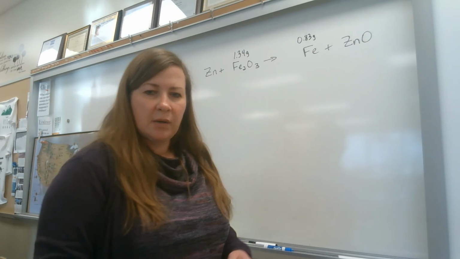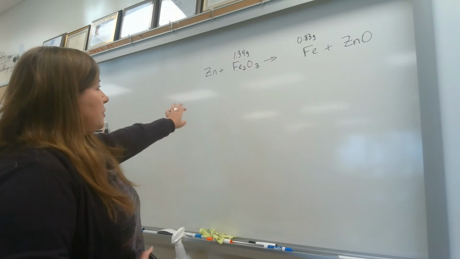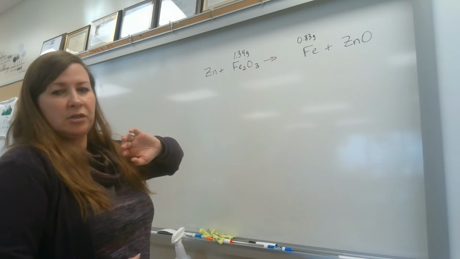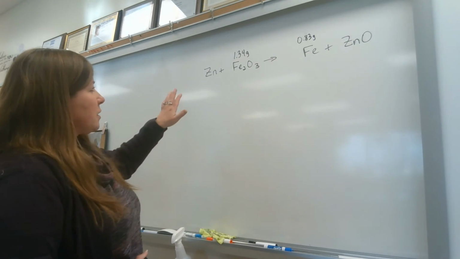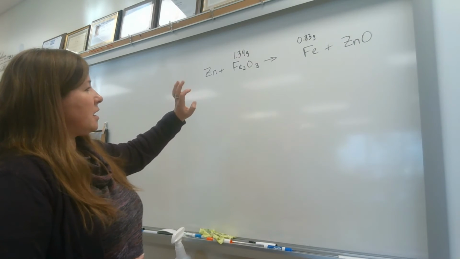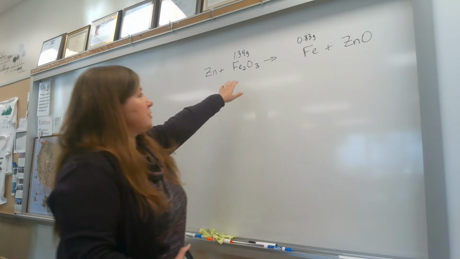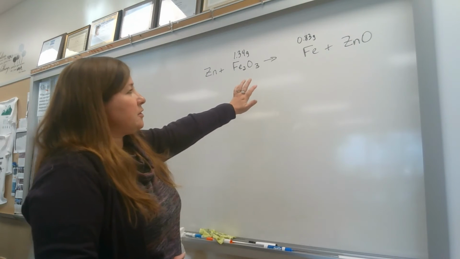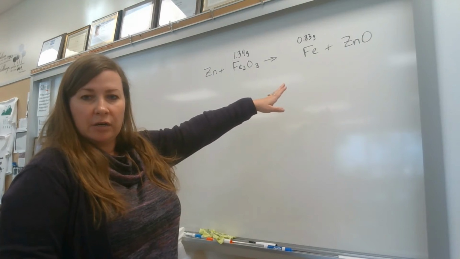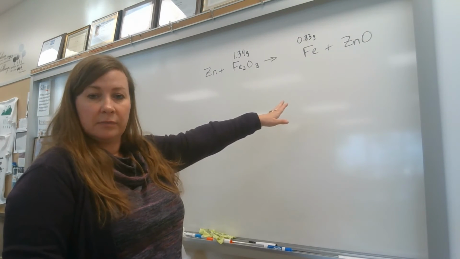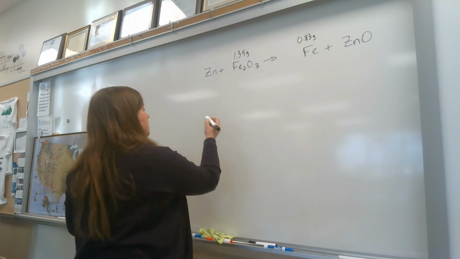Okay, so for the second problem we're going to do here, we have this reaction, and the question says if we start with 1.34 grams of iron 3 oxide, that's Fe2O3, and we produce 0.83 grams of iron, what's our percent yield? So we know we're going to use this equation.